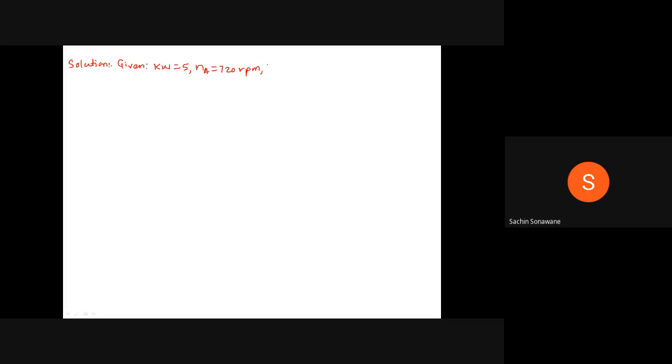Similarly, number of teeth they are given. ZA is equal to 20. ZB is equal to 30. Normal module they are given. MN is equal to 5 mm. Helix angle they have given.